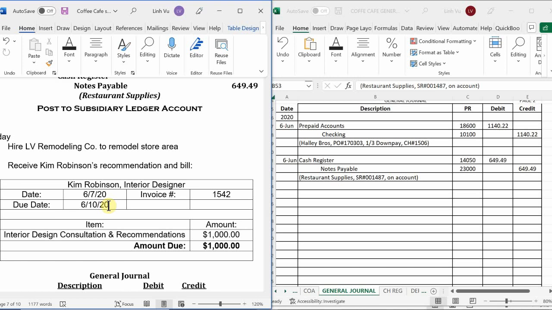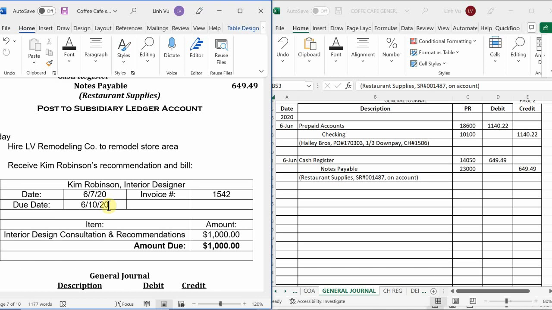If I'm sent a bill and I have X amount of days to pay it, I'm going to take advantage of that, because right now I have exactly $10,000 in my bank. Is this $1,000 going to hurt my business? Yes, it can if I pay it right now, because what if I need to buy something for $1,000 right now to get my business set up? So I'm going to take advantage of the time Kim Robinson allows me to owe her. I'm just going to record the bill and keep in mind that I need to pay Kim Robinson, not today, but later.